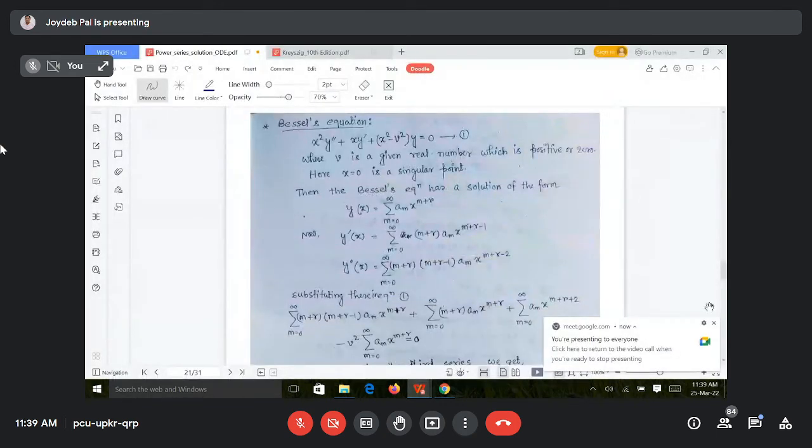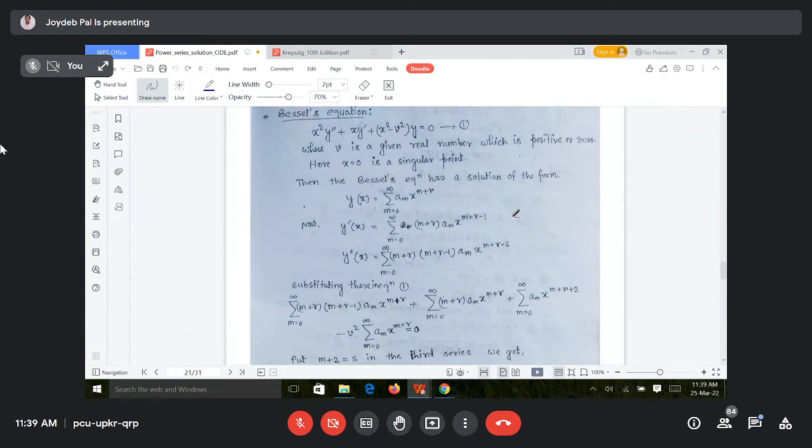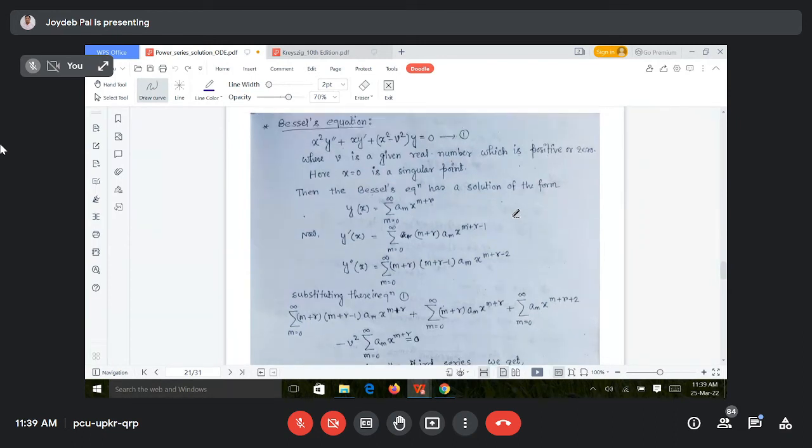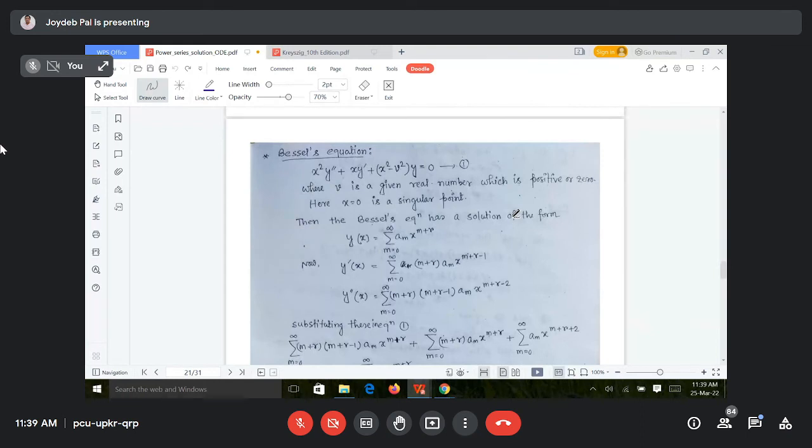Okay, I think I have introduced Bessel's equation, but I have not shown the solution procedure and all. So, what is the Bessel's equation form? It is x square y double dash plus x y dash plus x square minus nu square y is equal to 0, where nu is a positive real number or 0.